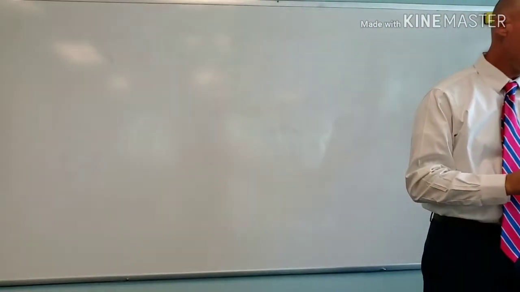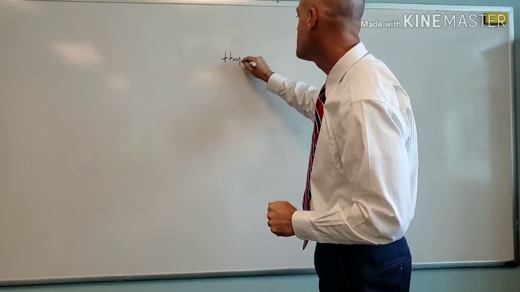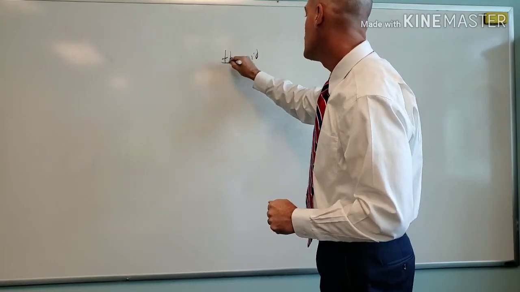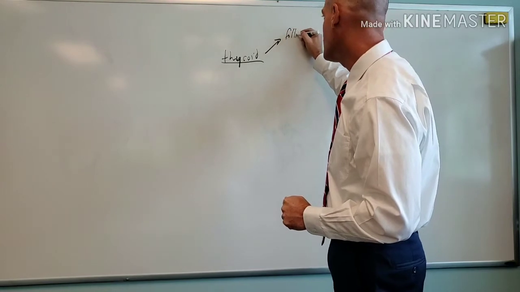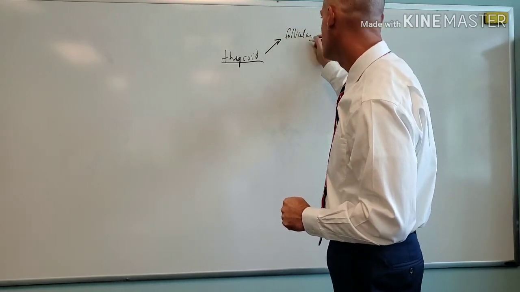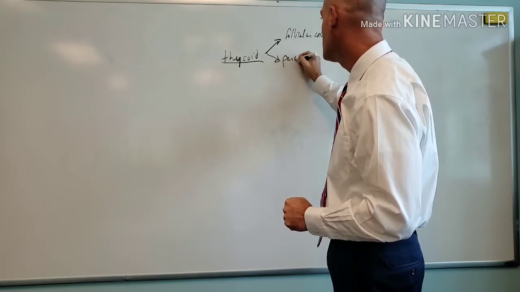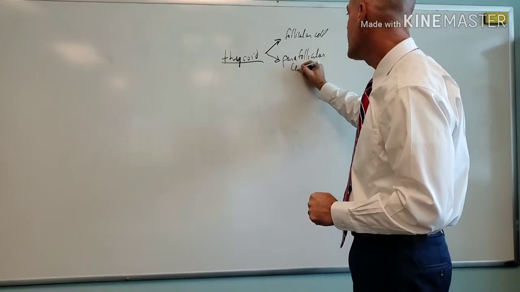Okay. Next one we're going to talk about is going to be the thyroid gland. Thyroid. Either you're going to have follicular cells or you're going to have parafollicular cells.